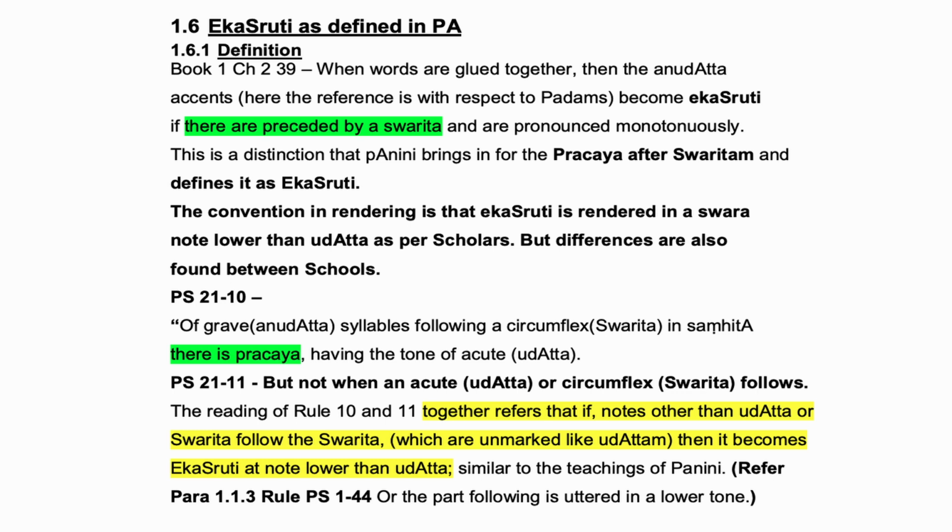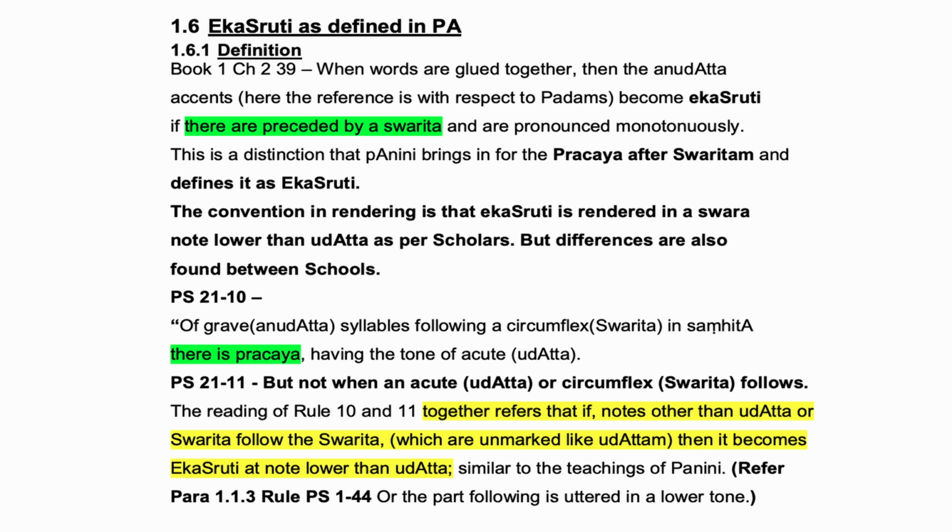Now let us go back and look at some definitions from the Taittiriya Pratishakyam also. Of the Anudata syllables following a Swarita in Samhita, there is Prachaya. Now he is talking about the Prachaya which comes after a Swarita, having the tone of an Udata. That is in Pratishakyam chapter 21 rule 10. Let us look at Pratishakyam 21:11: but not when an acute or circumflex, that is an Udata or a Swarita, follows.